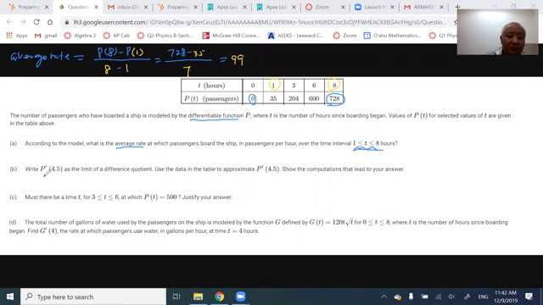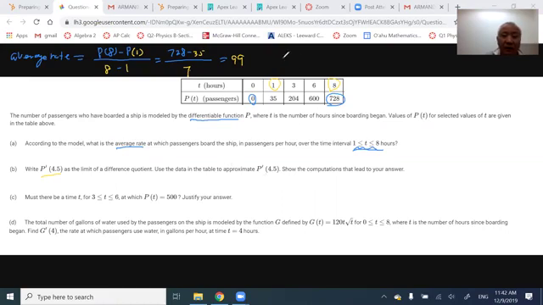Now they said write the P prime derivative at x equals 4.5 as a limit of the difference quotient, right? Use the data in the table to find this one, okay? So when you do this one, you go like this.